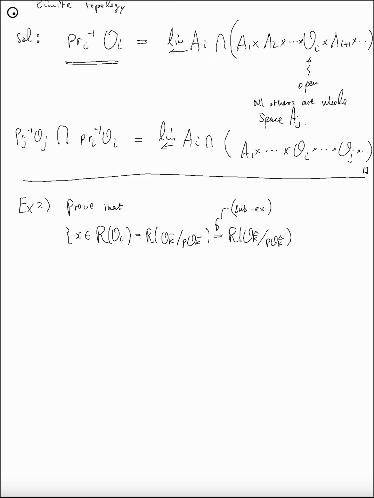Anyway, let's denote this by R, and then prove that among all the elements, those with valuation bigger or equal than p to the power n are exactly the kernel of theta n.